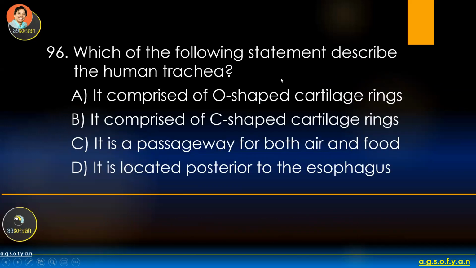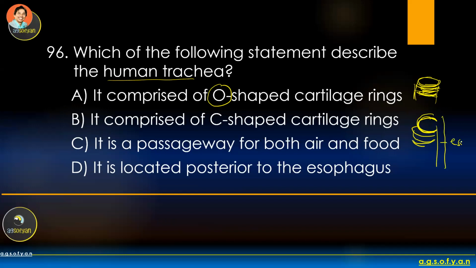Which of the following statements describes the human trachea? The human trachea actually consists of rings of cartilage, a lot of rings. But for humans, this ring is not closed. It is not like an O, it is like the letter C. So it opens on the back, where it is attached to the esophagus.